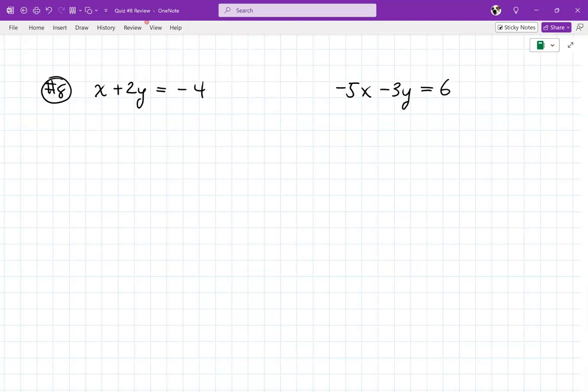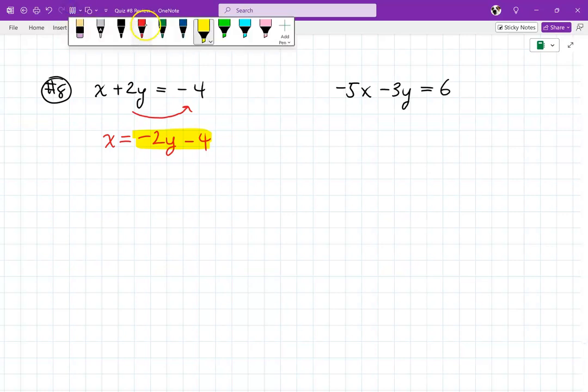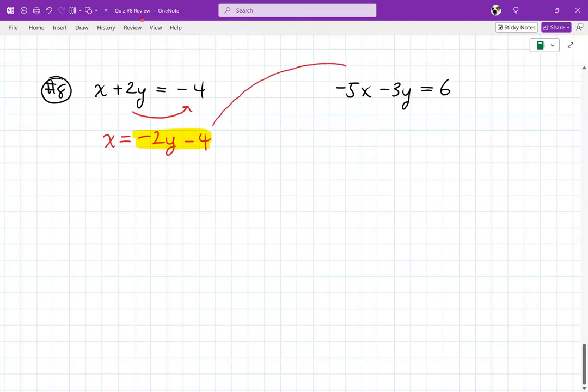So what I'm going to do, I'm going to get this 2y and throw it over there. So x is equal to -2y minus 4. So I know that everywhere I see the letter x in the other equation, I can replace it with -2y minus 4. So that's going to go right there where the x is.